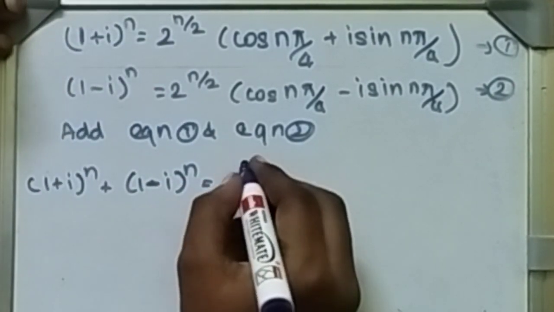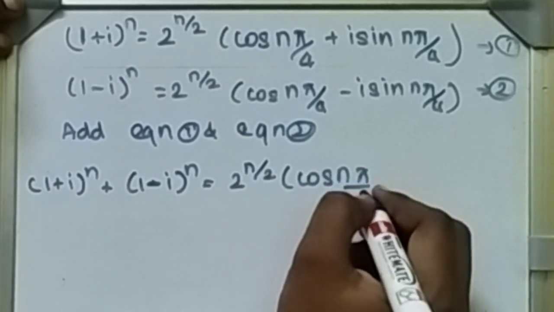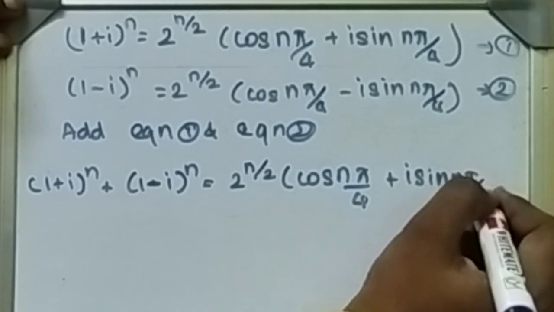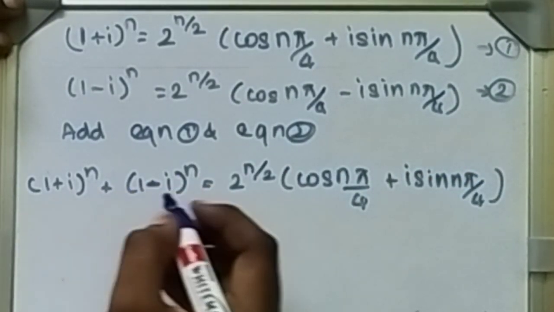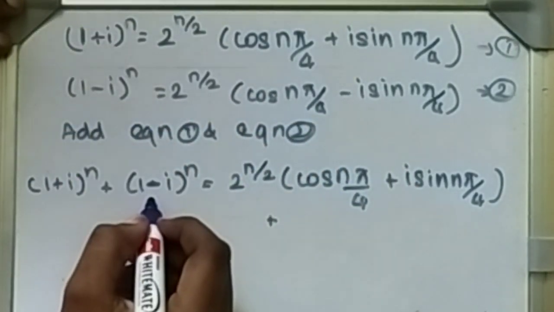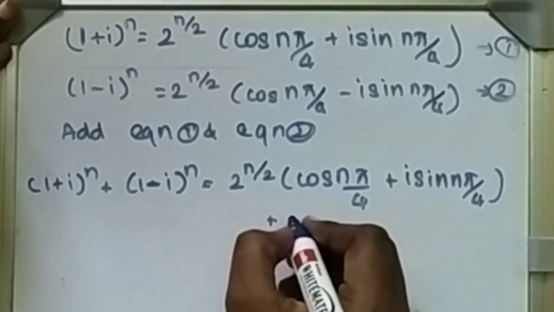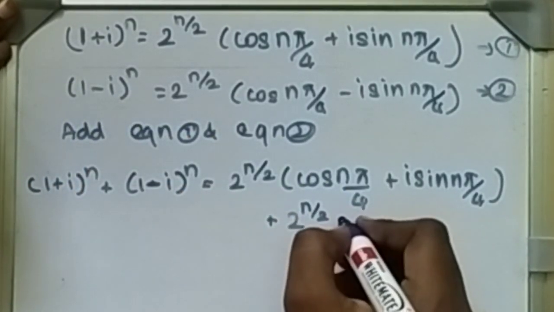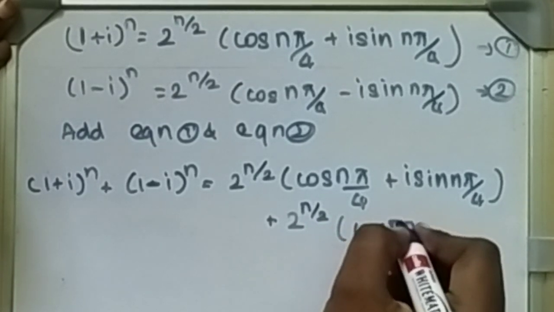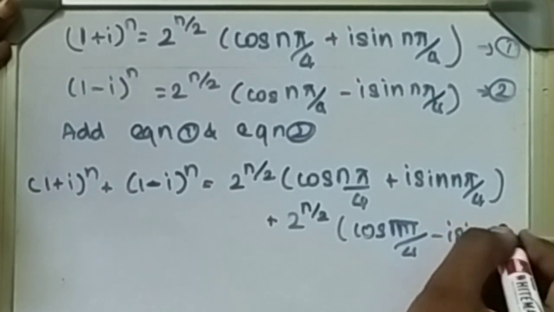It is 2 power n by 2 multiplied by cos n pi by 4 plus i sin n pi by 4. What do we have here? Addition. So plus, what do we have next? 1 minus i power n. What is the value of 1 minus i power n? 2 power n by 2 cos n pi by 4 minus i sin n pi by 4.